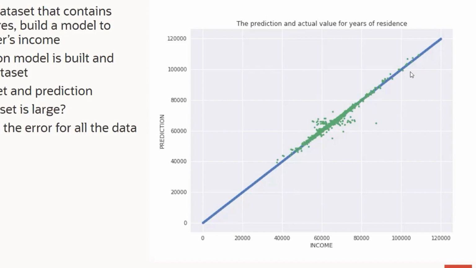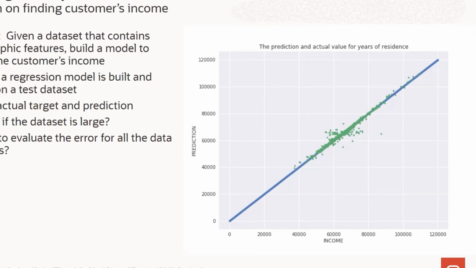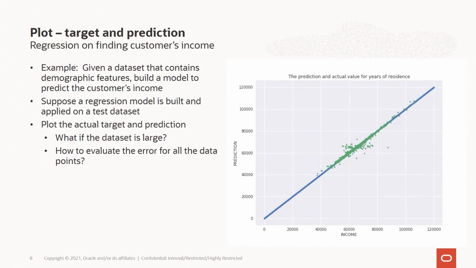So this gives us a very straightforward way to get a sense of how the performance of the model is, and it's very intuitive. But the problem is we are not always lucky enough to have a moderate size data set that allows you to generate this plot. You probably need to sample, doing some massive work when the data set is large.